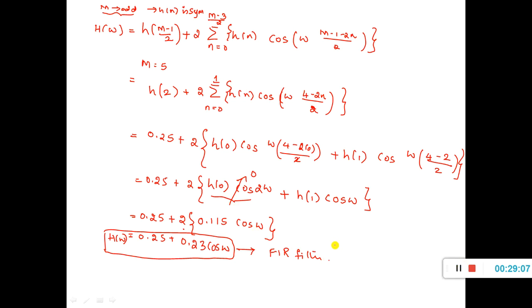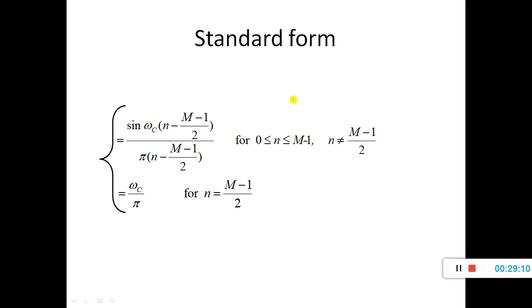Another shortcut method I would like to tell you, that is the standard form. When we derive hd of n, any hd of n will be in this format itself.